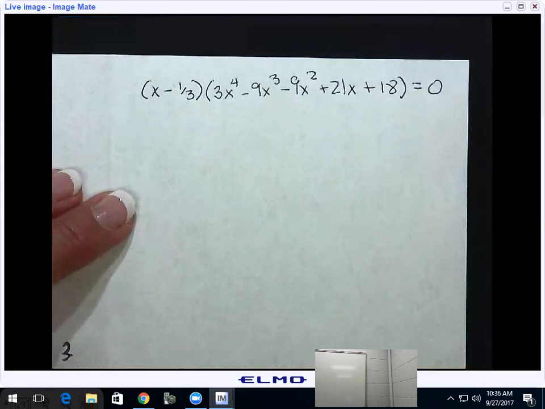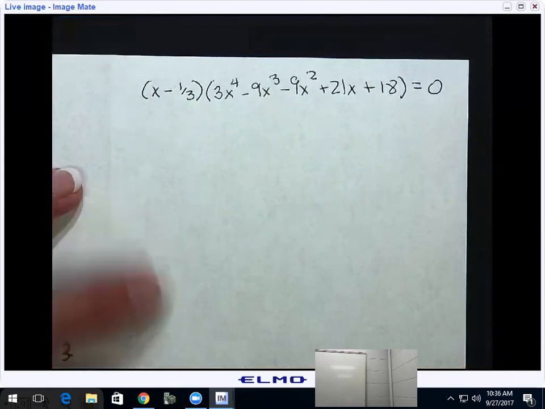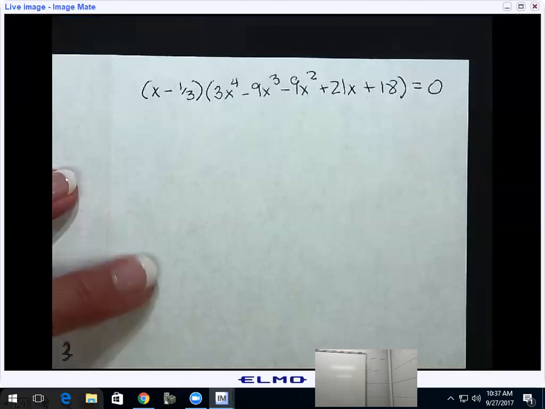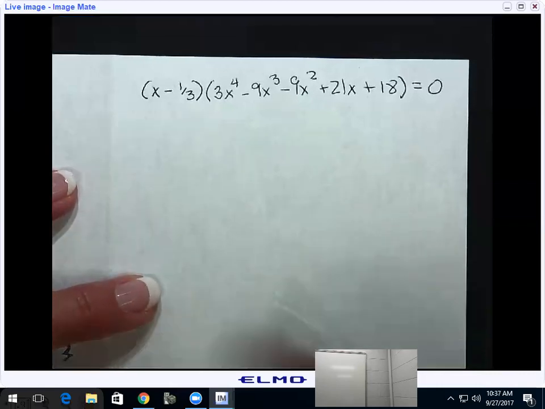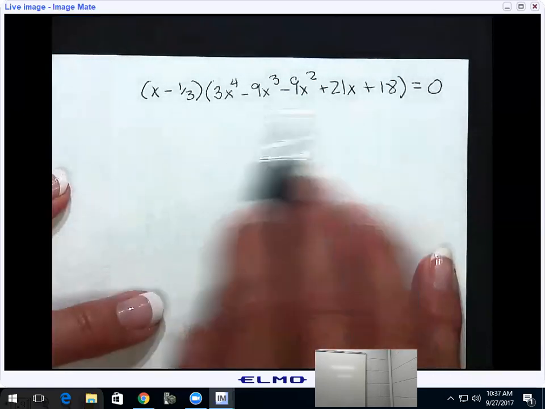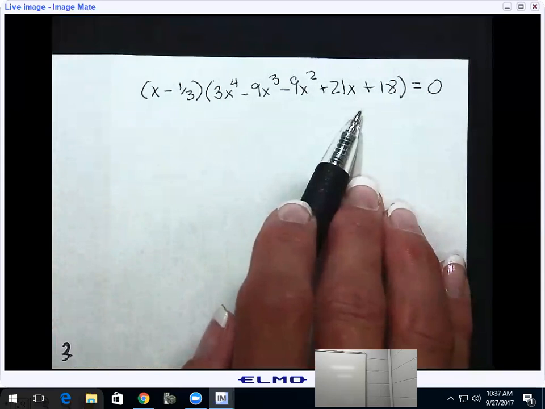And then what? I'm going to have to go back to my list of possible rational zeros and find another one. Andrew says, is there a GCF? Hey, that would make life a little bit easier. There's a GCF. I'm going to do that even before I go back to synthetic division.